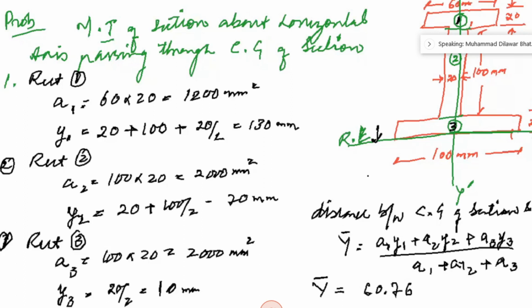Let it be 60.8 mm. This is the distance between the center of gravity of the whole section and the reference line.